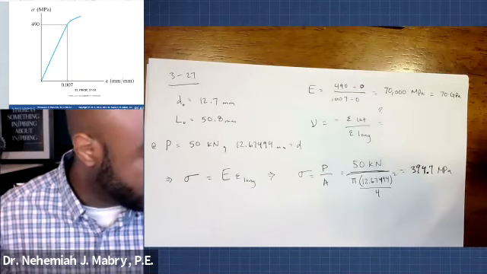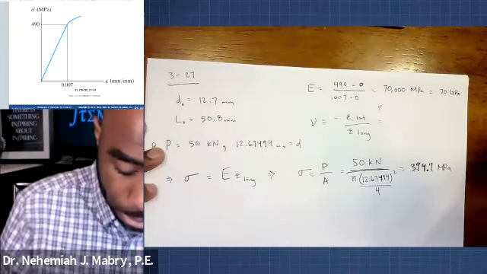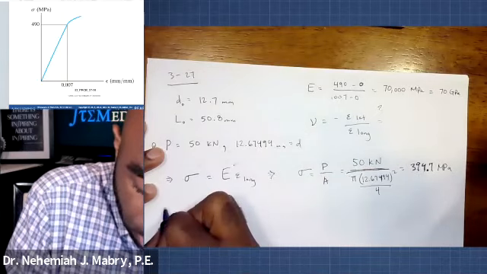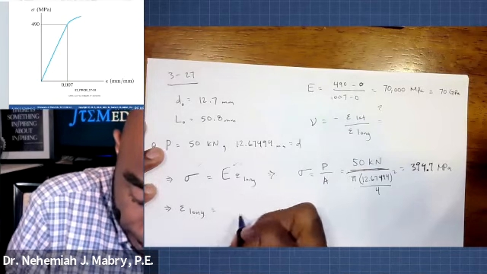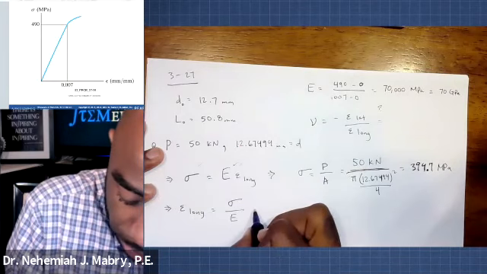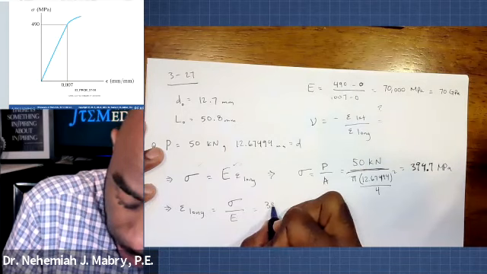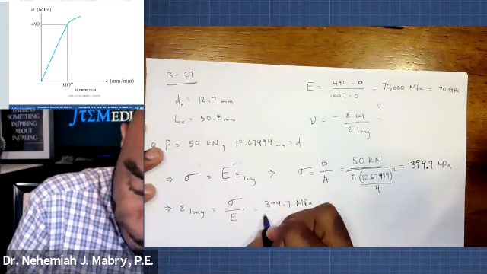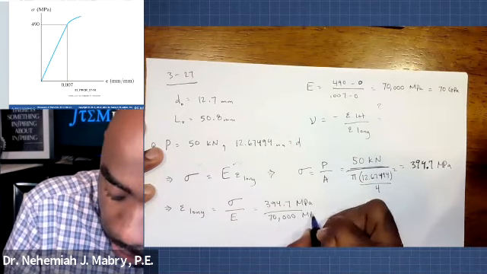And then from there, we can get our strain, because we have our modulus and then we have our stress. So our longitudinal strain is now equal to stress over E. So we got 394.7 MPa over 70,000 MPa.